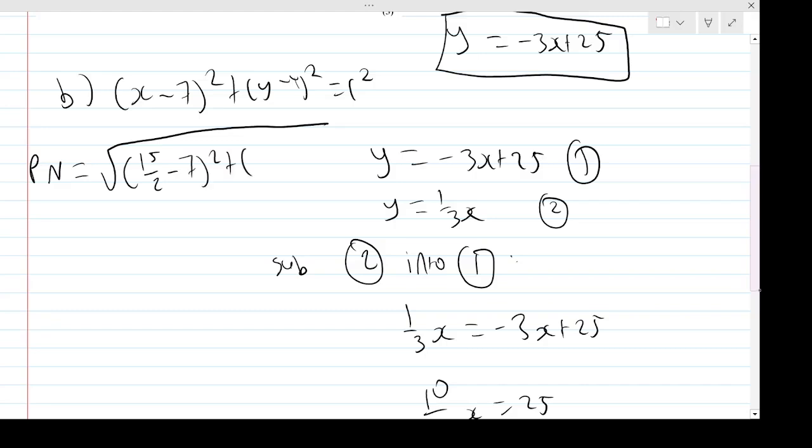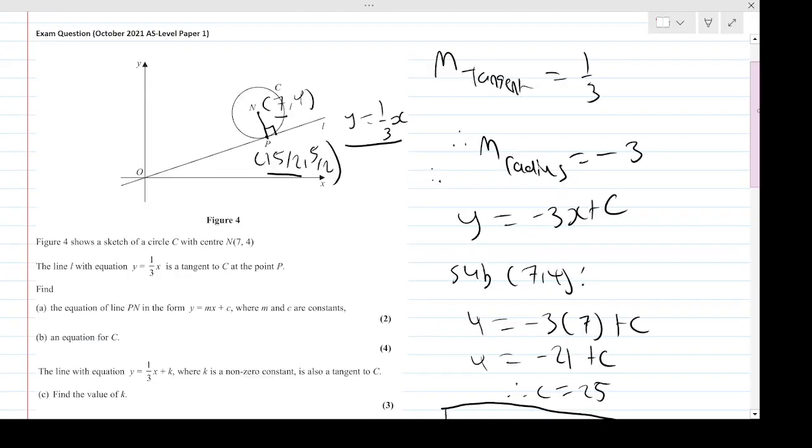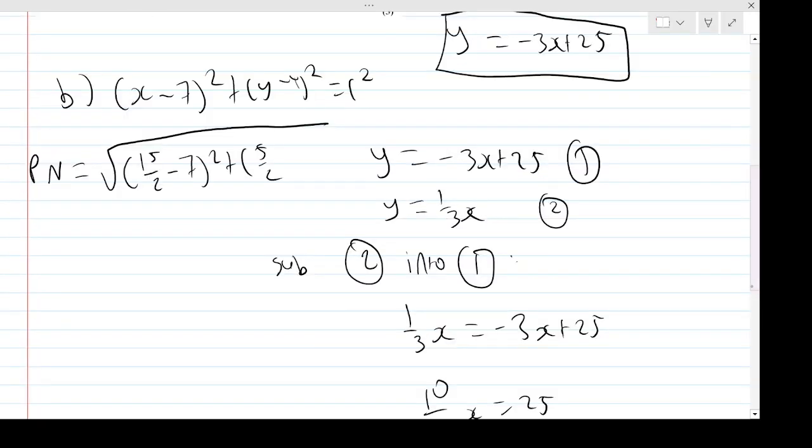Then we add the change in y, so that was 5 over 2 at P, yeah, 5 over 2, take away 4, the y value at N, all squared. And then if I put that in the calculator, that gets me root 10 over 2.